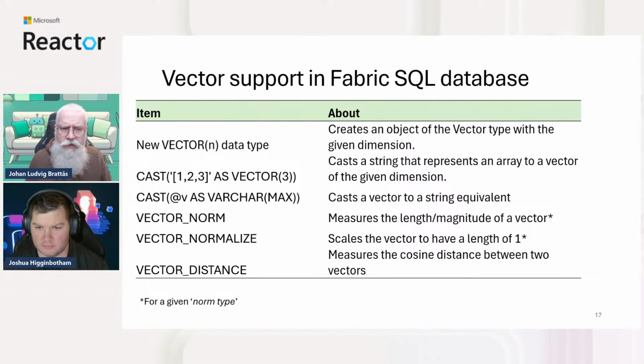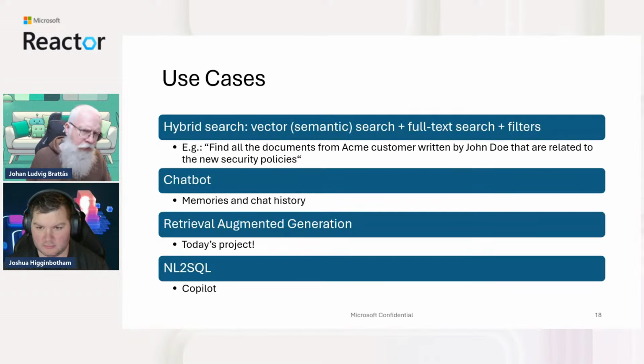You can do a cast as varchar max if you want to have a string equivalent from a vector. And then you have vector norm to measure length and magnitude of a vector, vector normalize to scale the vector, and vector distance to have the cosine distance between two vectors. There might, of course, be changes, there might be additions, and so on going forward.